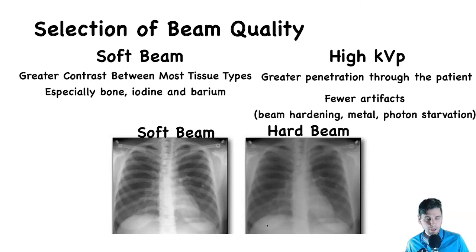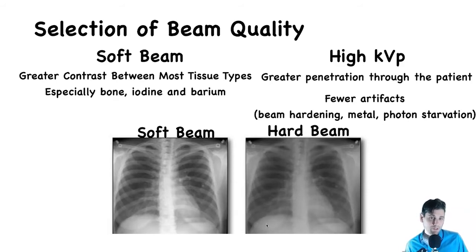A softer beam that's a lower energy will give you a higher contrast. Again, we have separate videos about that, but a higher contrast comes because there's more of a difference between the attenuation coefficients of the different types of material in your image at a lower energy. So that's why we have better contrast at a lower energy beam.